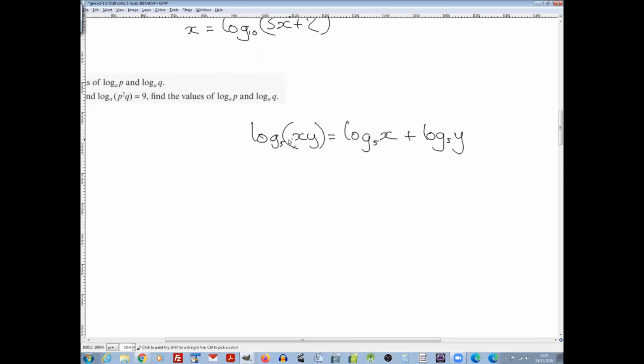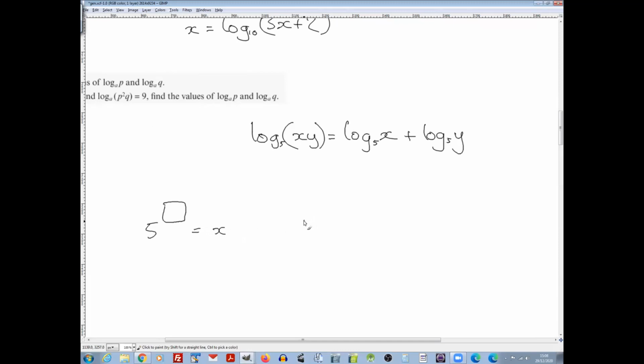Right. Let's have a look. Okay, we've chosen 5 there, right? Let's try and make this work. The power you have to raise 5 to, what should we call this power? Not P and Q because they've used that. Not A and B. Let's just call it blank. The power you have to raise 5 to get x, y.